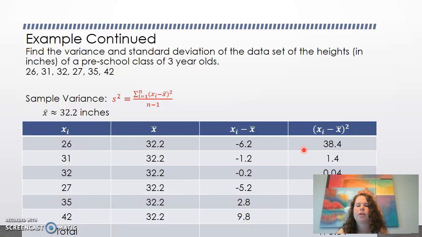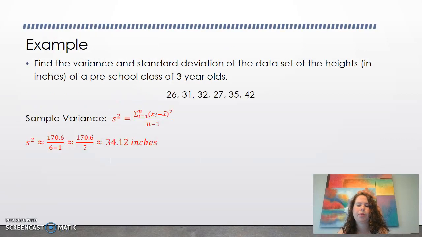Then we square each difference, and we add this last column together to get 170.64. So then we take the number we found, the sum.